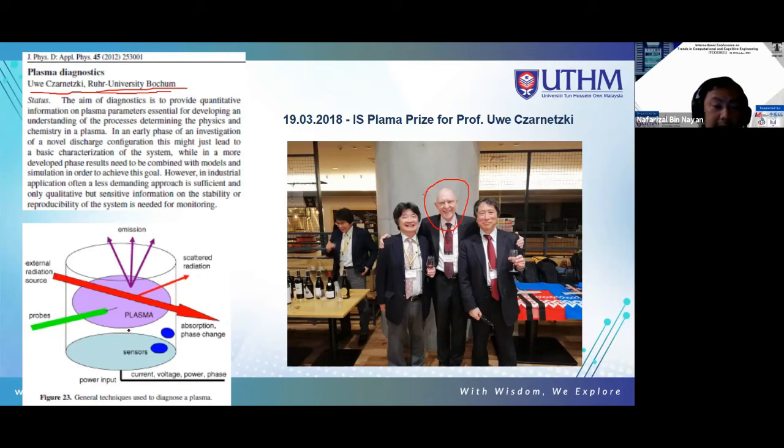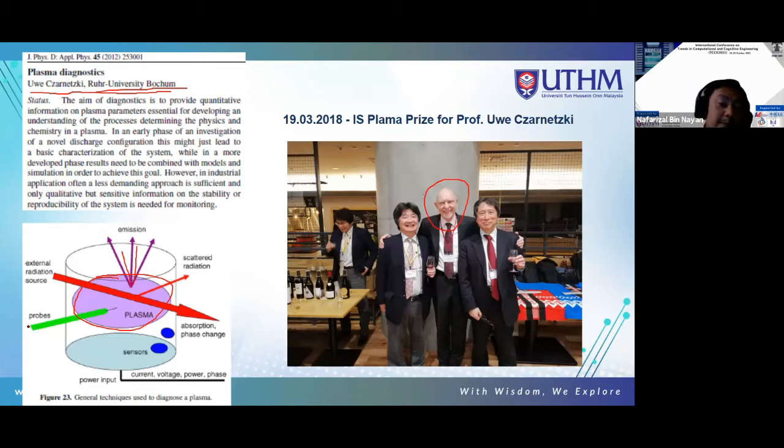In his article, he published about plasma diagnostic. What we have here inside is a plasma. We can use emission because we can see the light from the plasma, and from that emission we can understand the plasma.